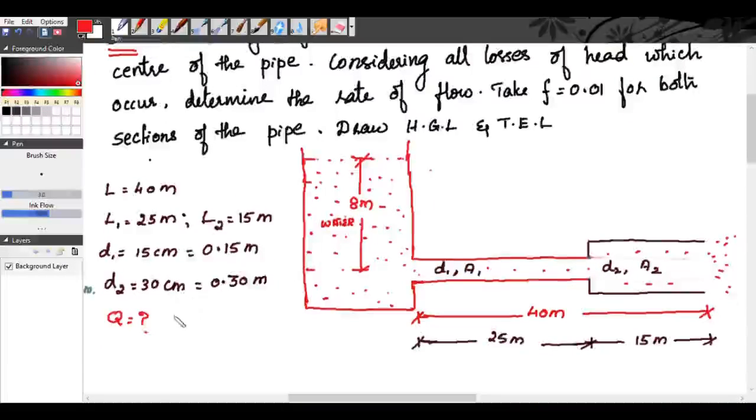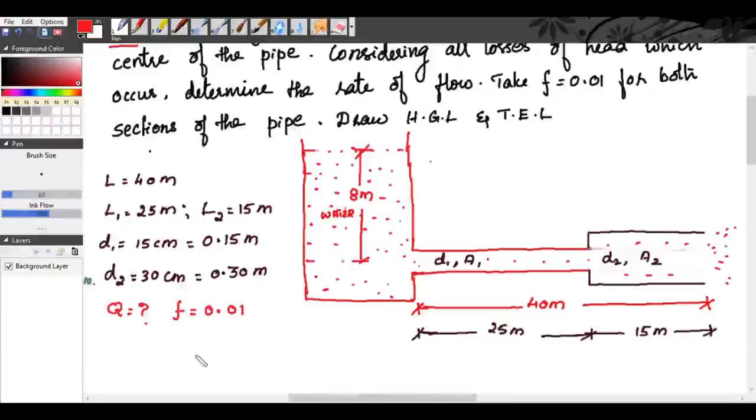Now, it is given to take the coefficient of friction f equal to 0.01 for both sections of the pipe. So for both the sections of the pipe, there is a coefficient of friction. If there is a coefficient of friction, that means there is major loss. Losses due to friction are major losses. We know the formula for friction: the loss due to friction will be equal to 4flV square by 2gD.